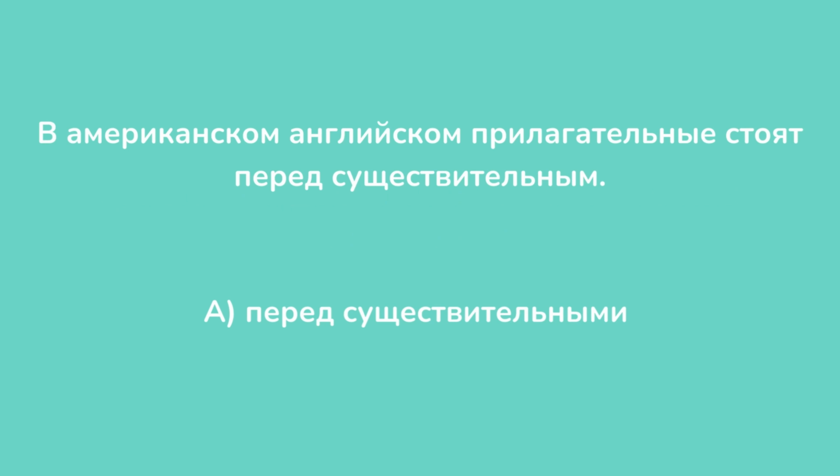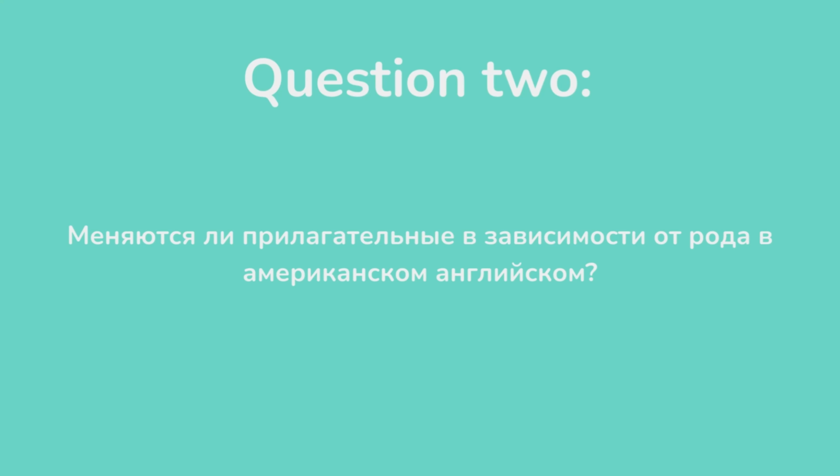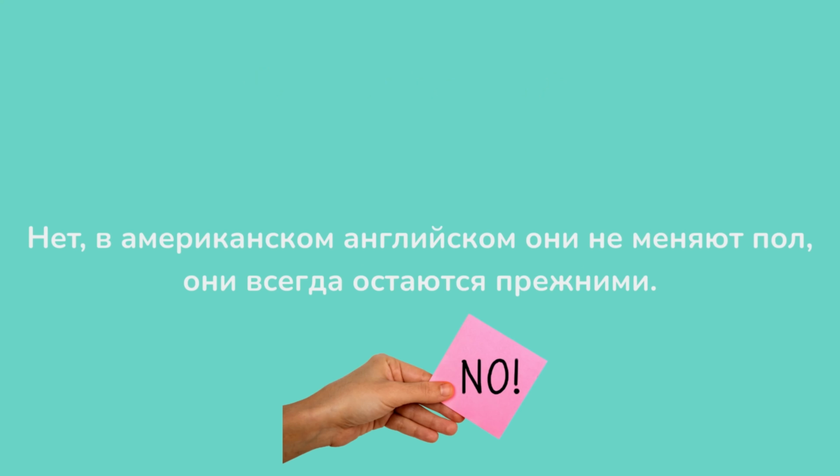American English adjectives come before the nouns. Here's question 2. Do adjectives change for gender in American English? No, they don't change gender in American English. They always stay the same.